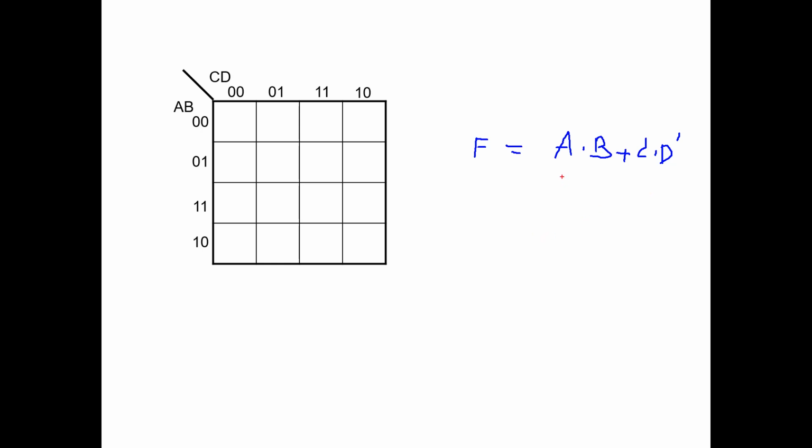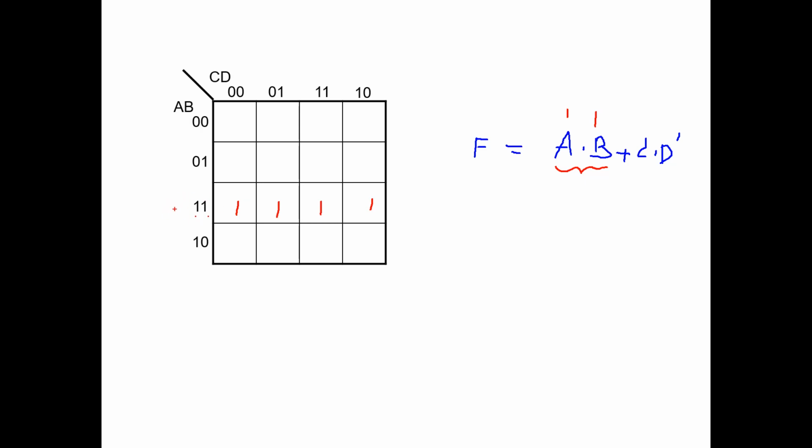At first, for this product term, A and B will be 1 when A is 1 and B is 1, right? Then which cell is 1? This, this, right? The meaning A, B is 1, 1 at here.